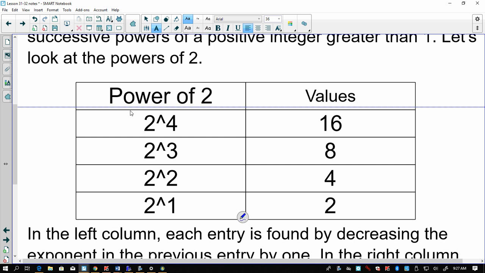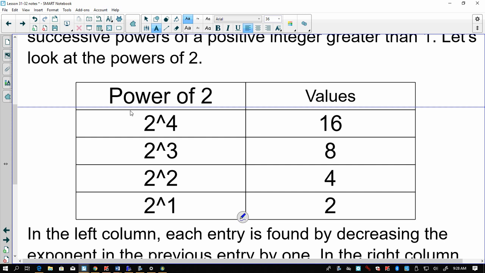So if 2 to the 0 is 1, then I would continue. What's 1 divided by 2? You guys are making this too hard. A half. 1 divided by 2 is not 2.